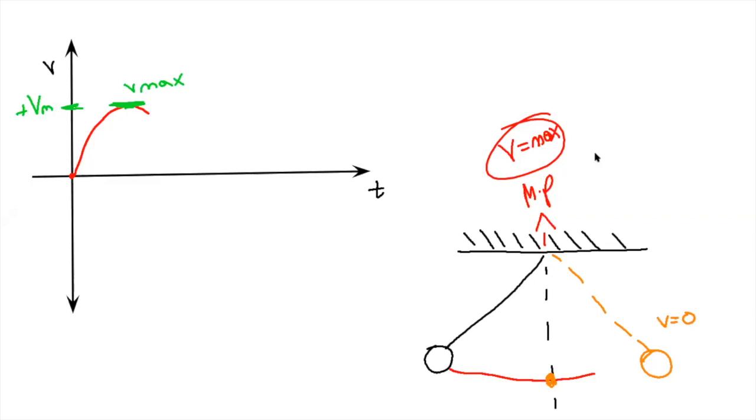When you want to have V equal to 0, you've got to start decelerating. So my speed is going to decrease. Now this is speed 0 again, but when it changes direction, it starts gaining speed in the opposite direction, has a maximum speed at the mean position, and then again decreases.